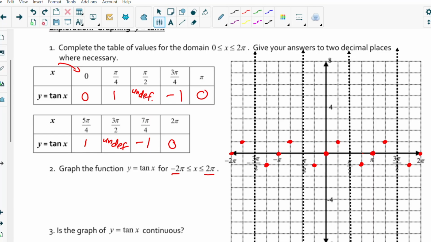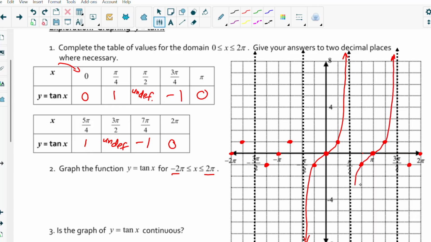So what does this graph look like? Well, if I have asymptotes, it's going to approach the asymptote. First off, it's not a sinusoidal function. It doesn't look like what we've been doing with sine and cosine.